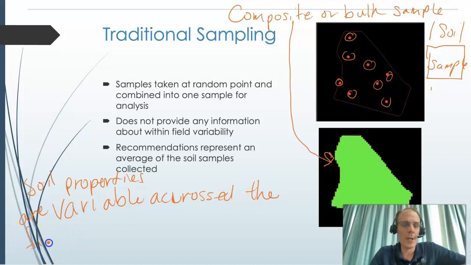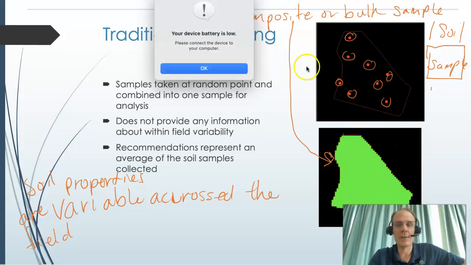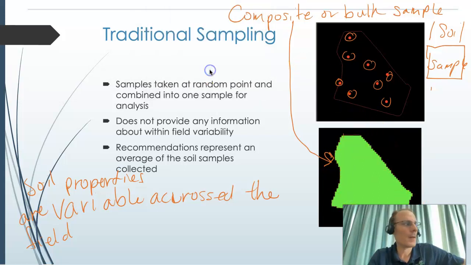So when we do a traditional soil sample and composite these samples together into one sample, we end up with one value for the entire field, even though we know that it is different.